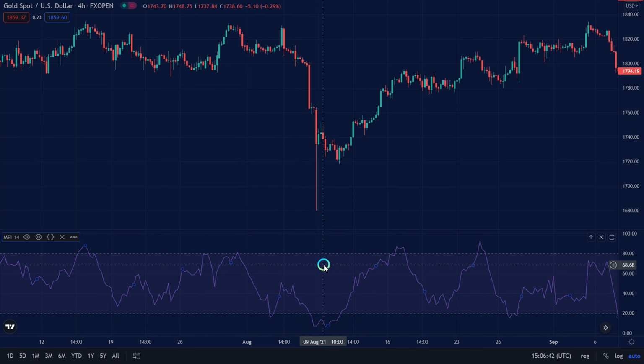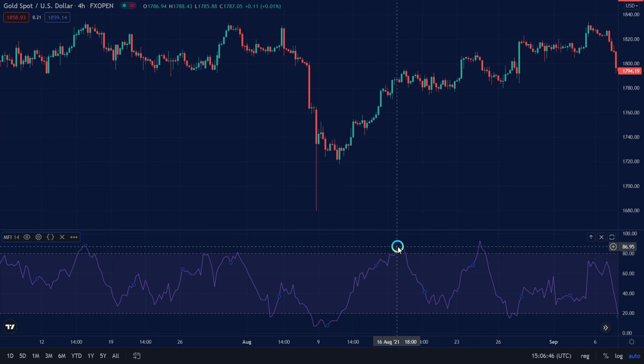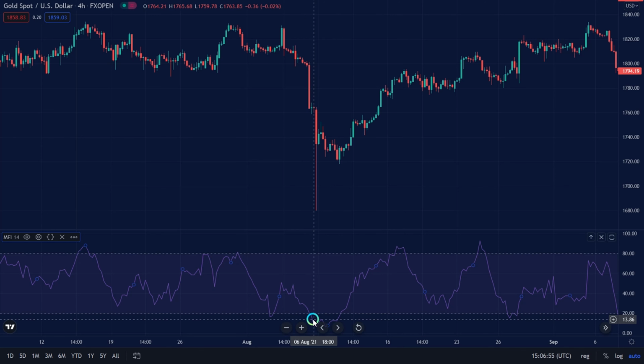And when the indicator hits above 80, it's considered overbought. The market is overbought, and when it hits below 20, it is considered oversold. This is the most common way to use this indicator.